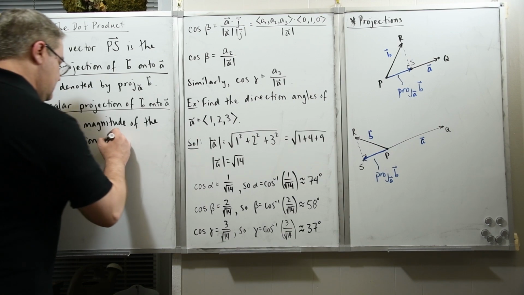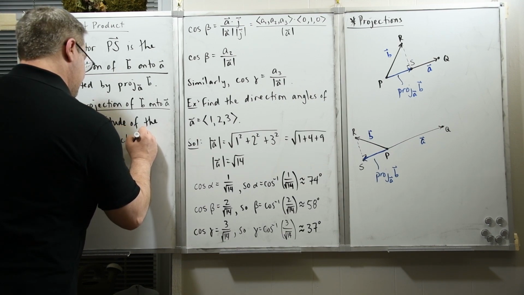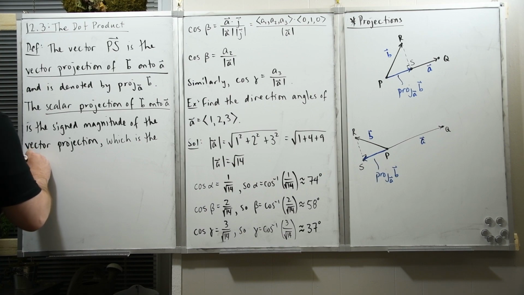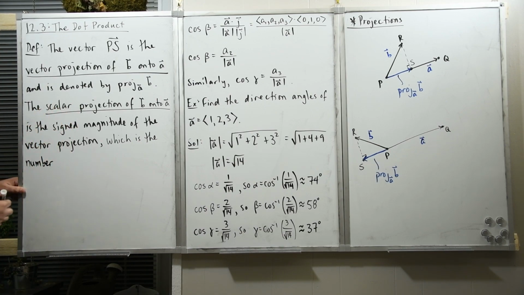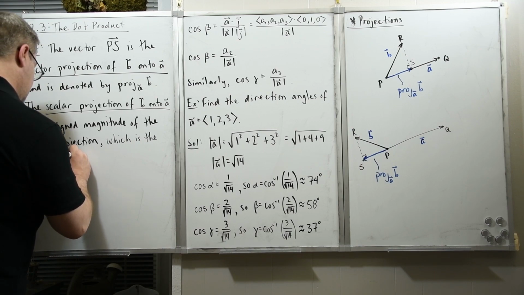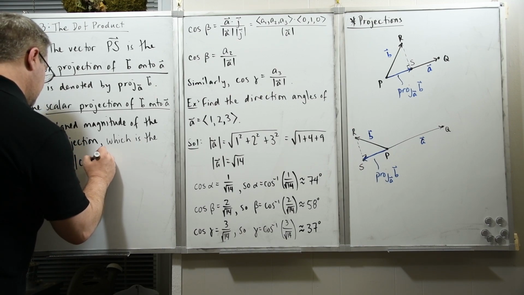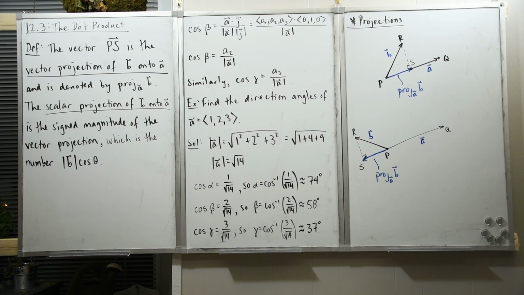Now, if you're wondering what that magnitude is, or more specifically what the signed magnitude is, it's going to be the magnitude of B times the cosine of theta. And so you may think about, well, what's theta?